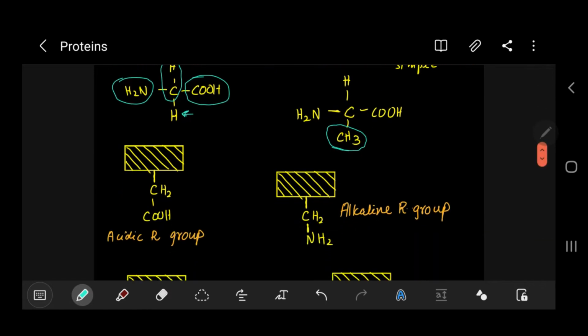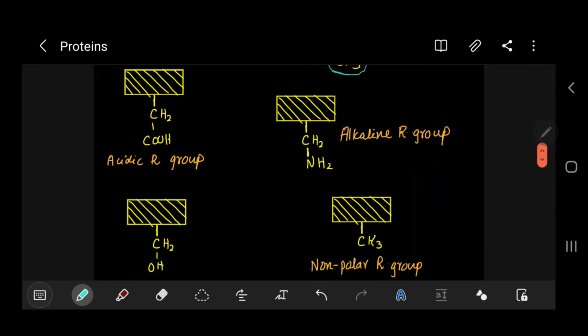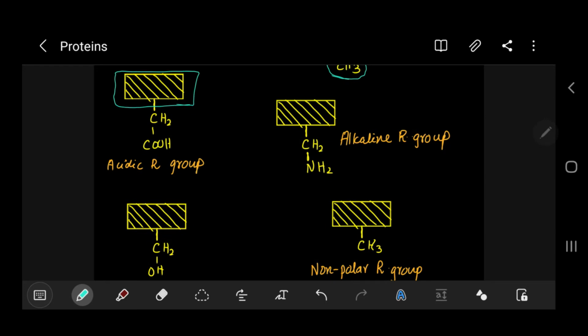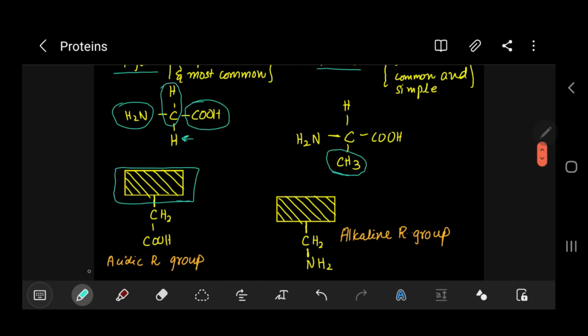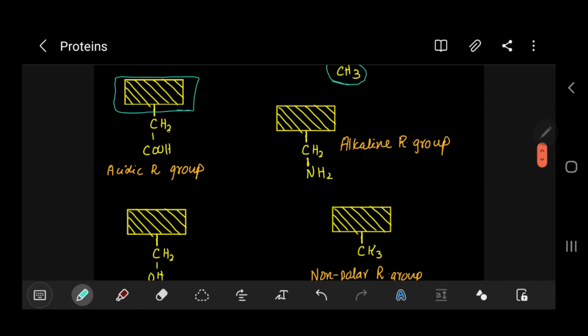Now let's go on to a few general types. Now this box here represents the basic structure, this thing, because this is the same. We have replaced this with a box, and connected to the box are the R groups, or the free radical groups.